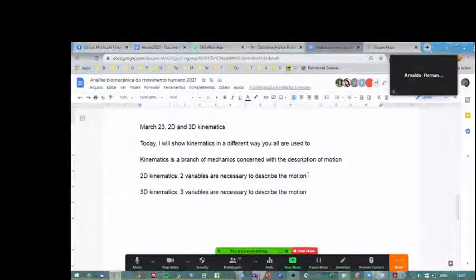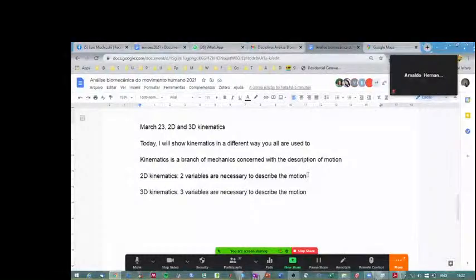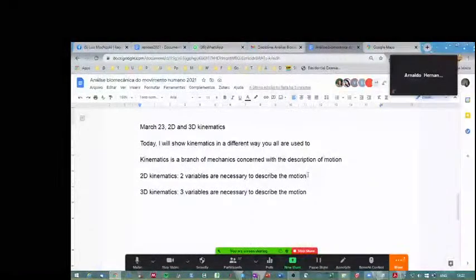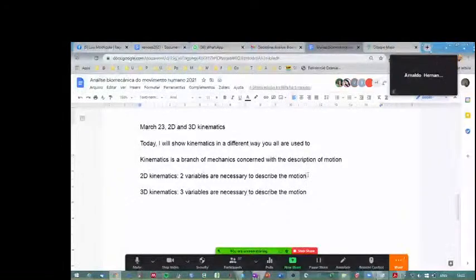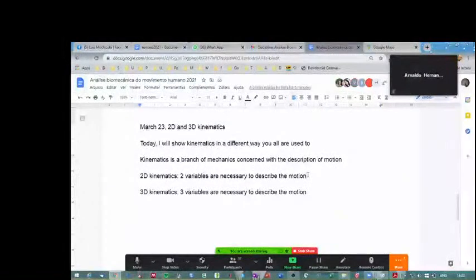But it can be also something like this. Here the position can be angle and length.